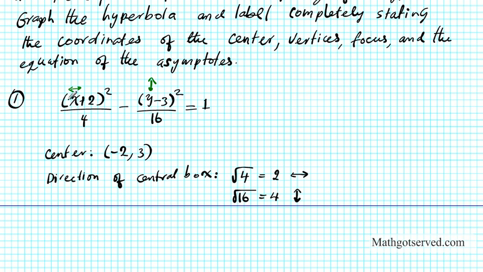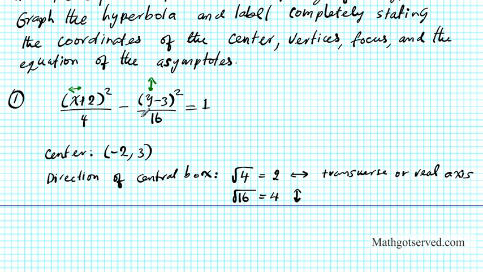Now, since this x is positive here, this would be our transverse or real axis, because it's positive. And when you root a positive number, you get a real number.